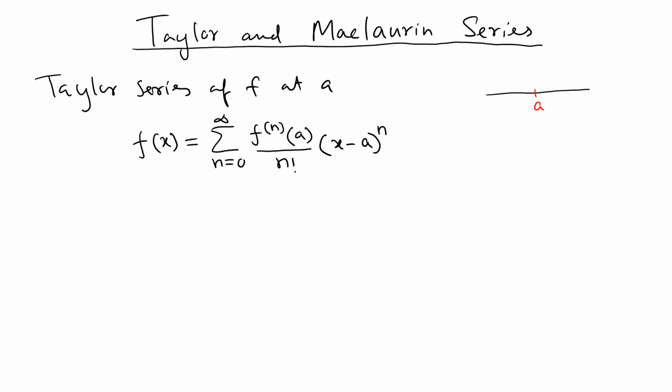So you can see that's the format: n appears in 4 places, in the index and 3 places inside, and a appears in 2 places. That is what we call the Taylor expansion of a differentiable function.